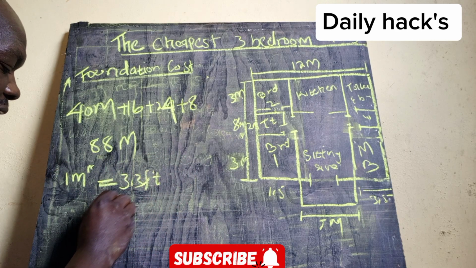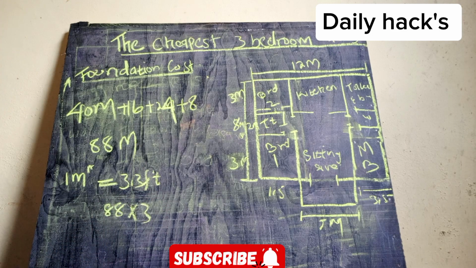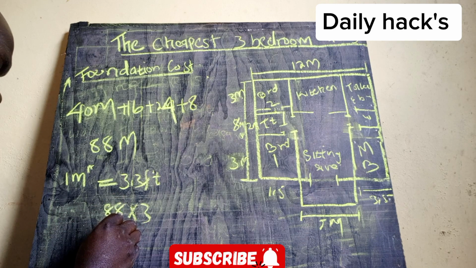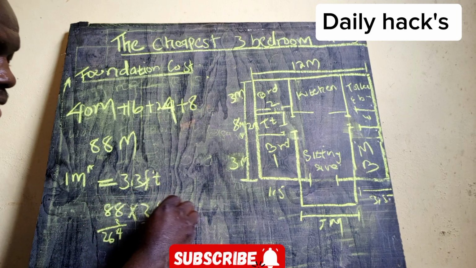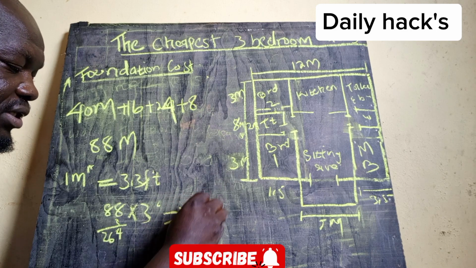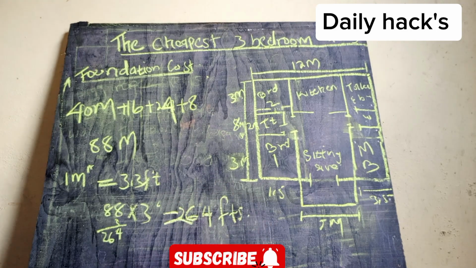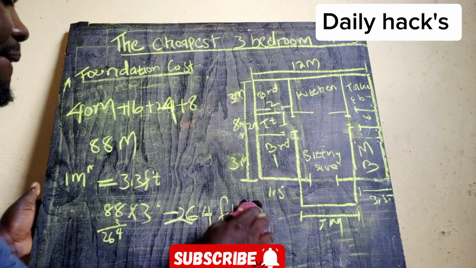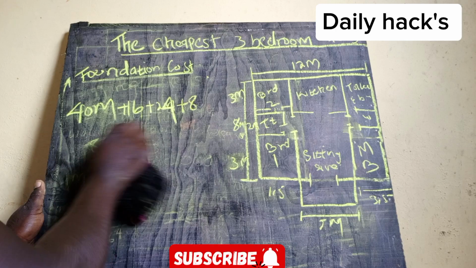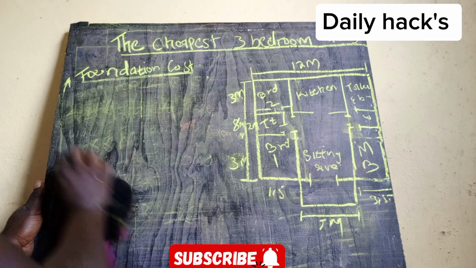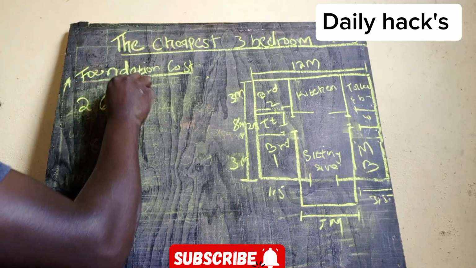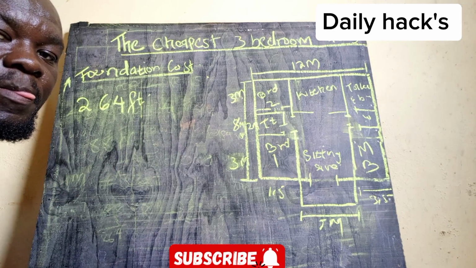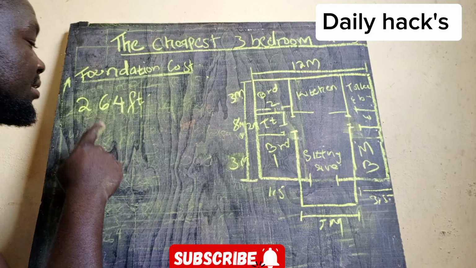That will be 88 multiplied by 3. We have got 264 feet. This is an estimation in feet.